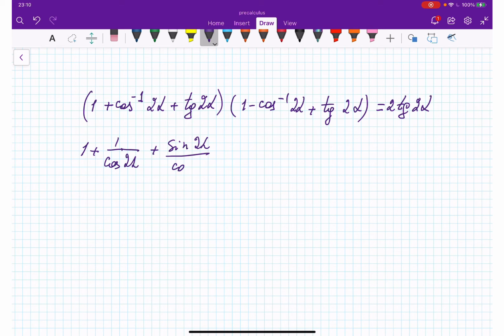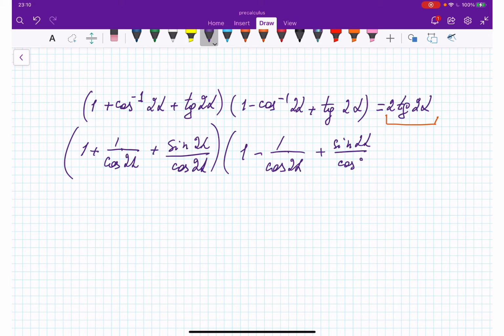Although you would think, why am I opening tangent, since I need to prove that it's equal to some tangent, but to be able to combine and work this out, I need sine and cosine because it will be easy for me to work with it. Now times 1 minus 1 over cosine alpha plus sine alpha over cosine alpha.